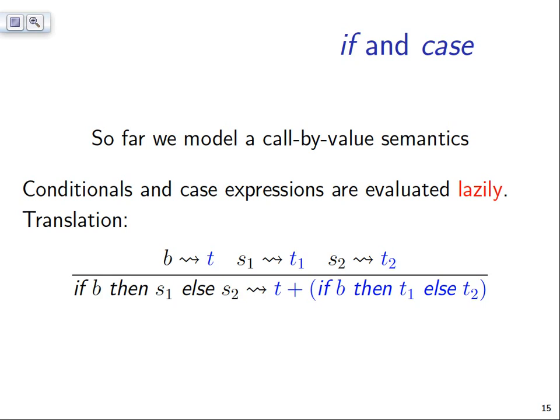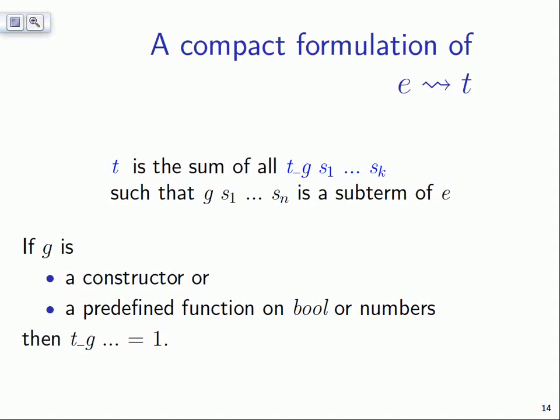So if you have if or case constructs in your expression, then the previous slide with the simplified version doesn't work anymore, because the previous slide assumes you take the term and then you just go through all the subterms and you sum up everything. That will be too big.